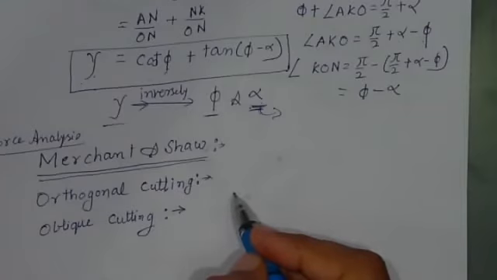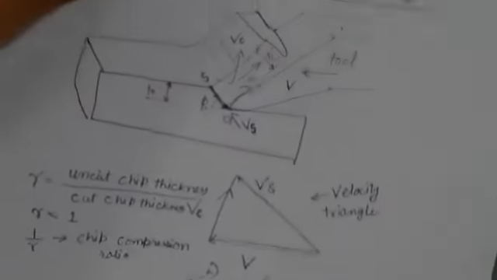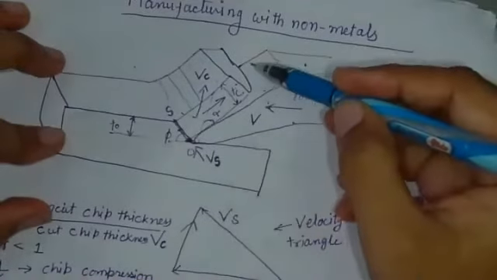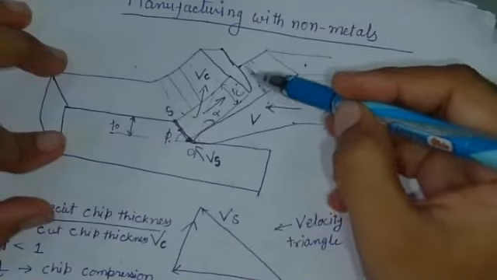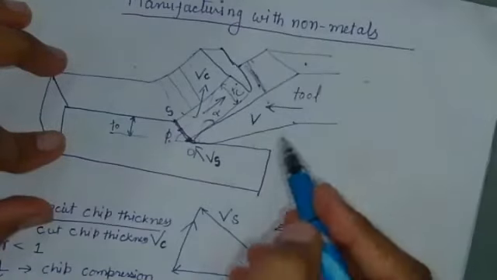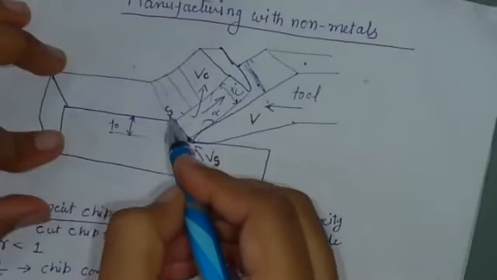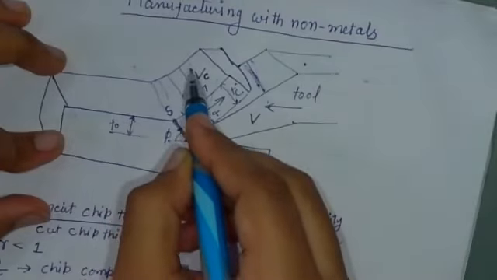Orthogonal cutting is simply defined as a cutting operation in which the cutting tool is perpendicular to the cutting velocity. So if you remember this three-dimensional picture, you say the tool is moving like this, and the cutting velocity is perpendicular to this.